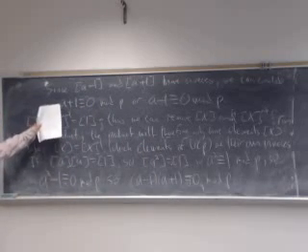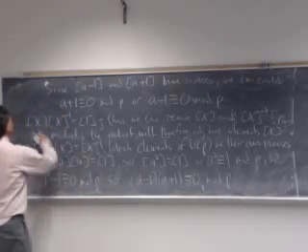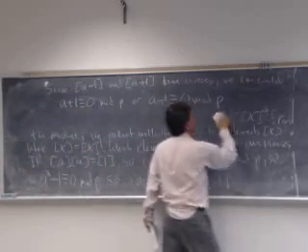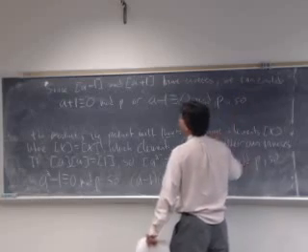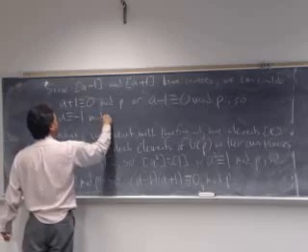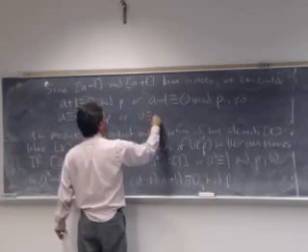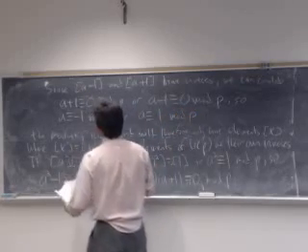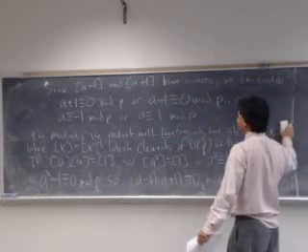If neither one was equal to 0, that would lead to a contradiction. So what do we have? We have A has to be congruent to minus 1 mod P, or A is congruent to 1 mod P. That's the only way we can have an element A that's its own inverse.